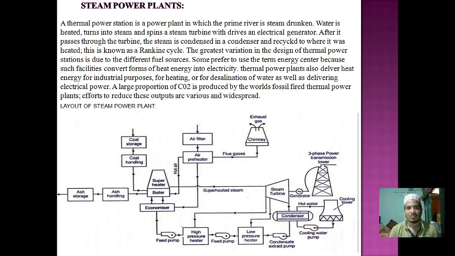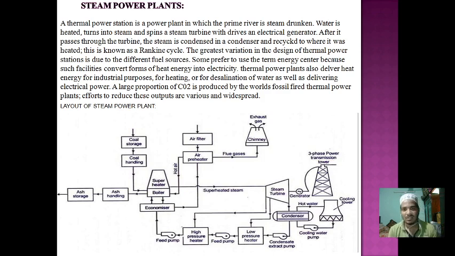After the steam passes through the turbine, it is condensed, and then the condensed steam is heated again. That is why it is recycled to where it is heated. That is why it is known as the Rankine cycle.